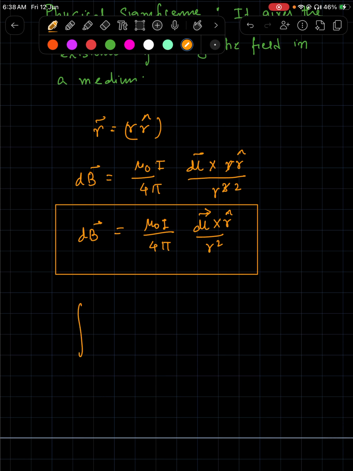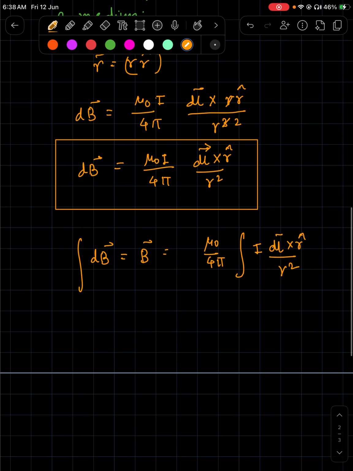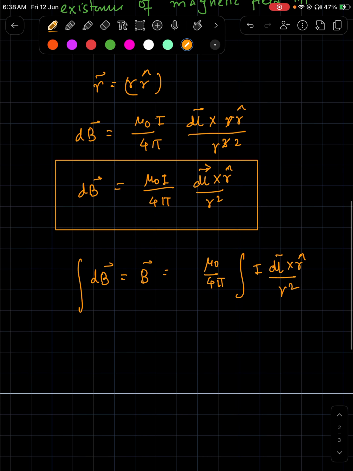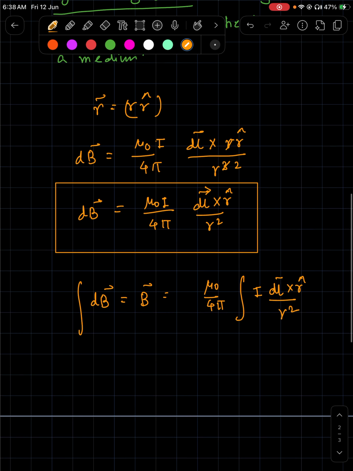So I'm going to integrate that dB. It becomes B, and mu naught by 4 pi is a constant, taken outside, and the current I, and I'm keeping the dl vector cross r cap by r square. But before proceeding, there is a very important thing I have to mention here.